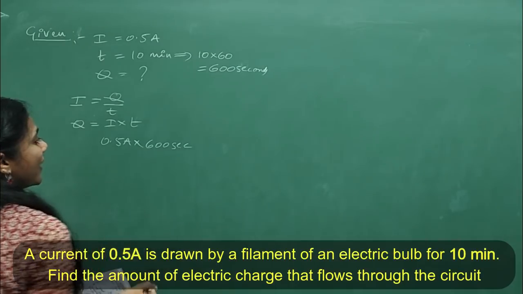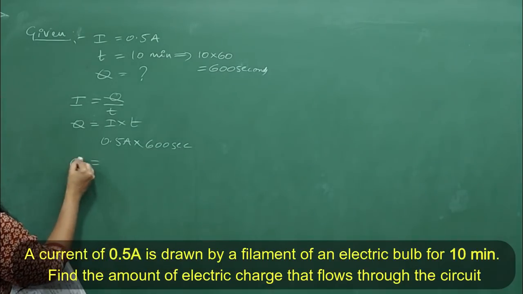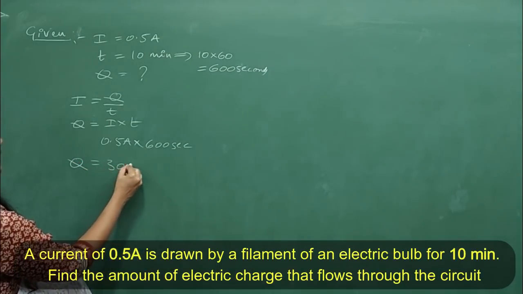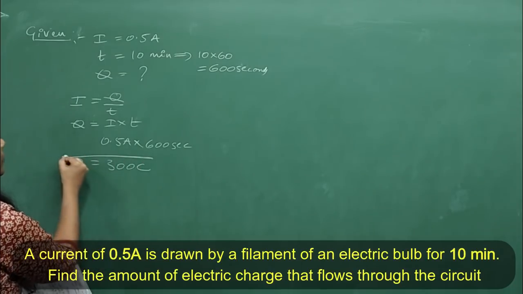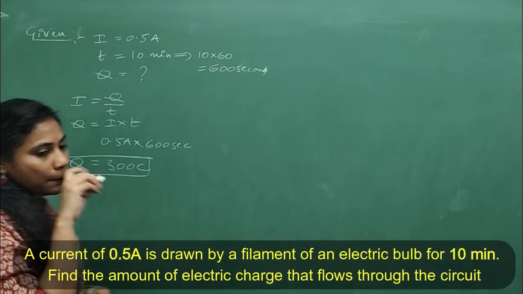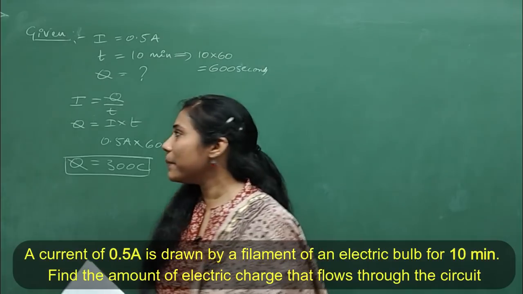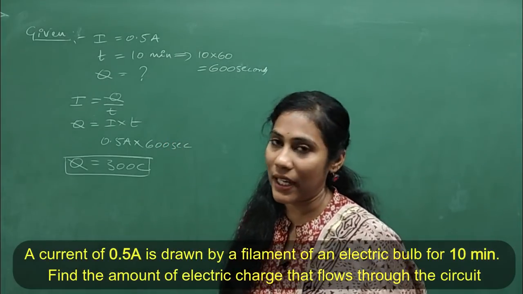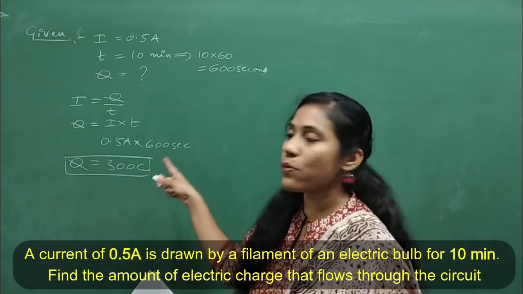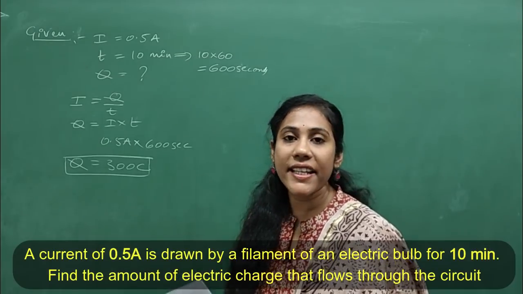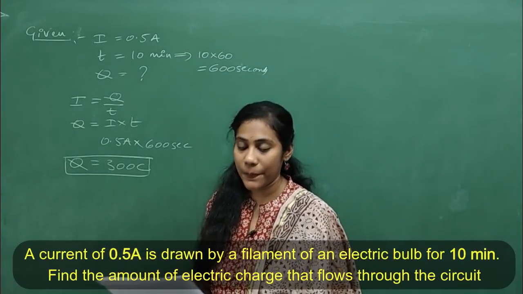So 0.5 into 600, what do you get? So Q is equal to 300 coulombs. So this is your answer. So it can be asked as an MCQ or it can be asked for 1 or 2 marks. Clear? So this is one of the important models, a very simple model on electricity.